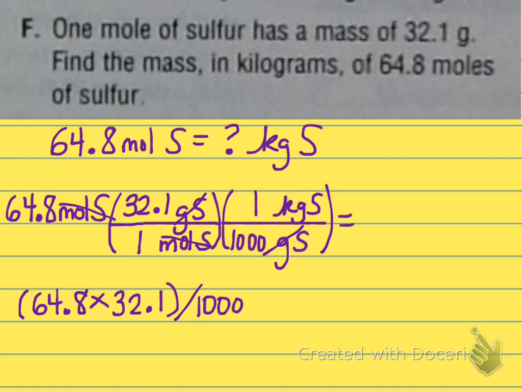So 64.8 times 32.1 divided by 1,000. And again, I want 3 significant figures. My calculator gives me 2.08008. So with 3 significant figures, that's going to be 2.08 kilograms of sulfur for letter F.